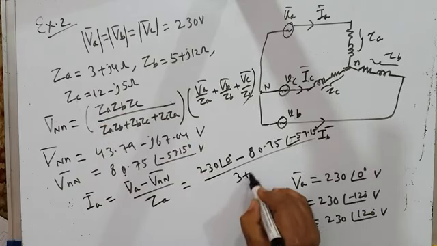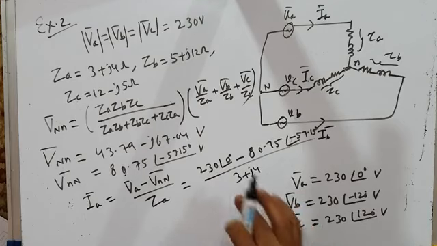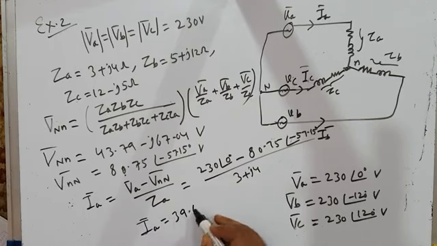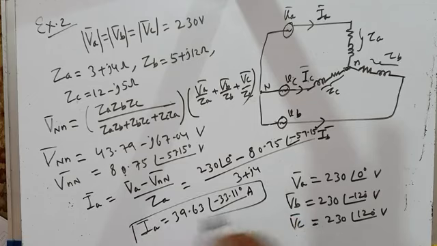It is 3 plus j4 ohms, in rectangular form. You can convert it into polar form. Now again you have to use your calculator, and it will give line current IA equal to 39.63 at an angle of minus 33.11 degrees amps. This is IA.